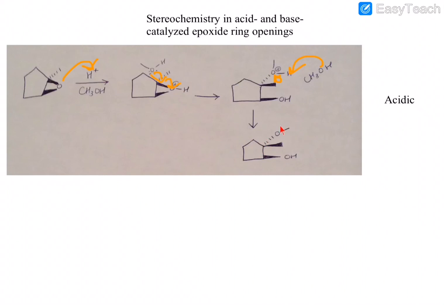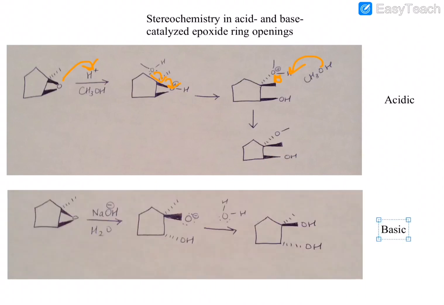The nucleophile attacked from the back and pushed forward the methyl group, and the alcohol maintained its stereochemistry. Stereochemistry is only inverted at the electrophilic center and not at the original carbon that was not attacked. In basic conditions, stereochemistry is impacted the same way.